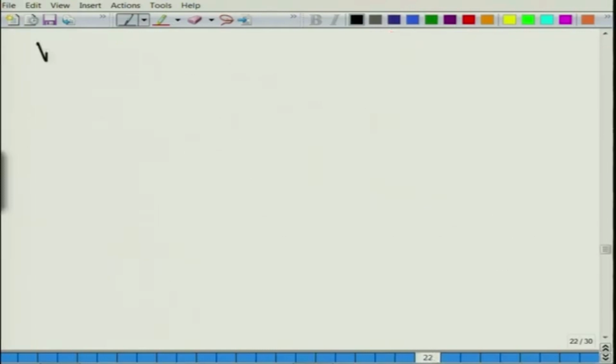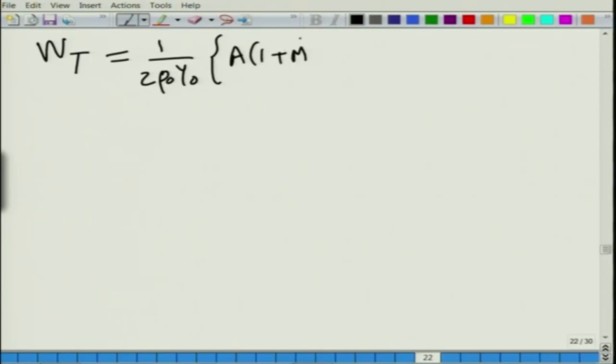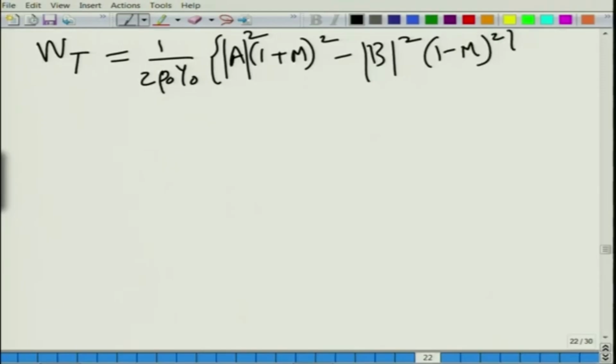So, the total power that is radiated, WT, is equal to 1 by 2 rho naught into Y naught into A into (1 plus m) whole square minus, this is of course your square, and something like this.